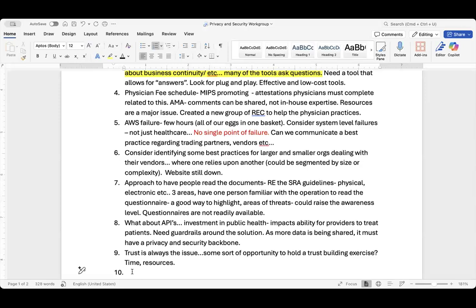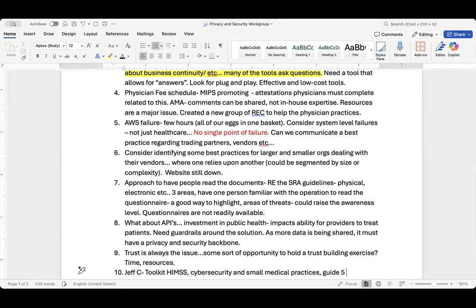So this is something that I worked on at HIMSS. It was a toolkit that we put together for considerations to think about related to cybersecurity in small medical practices. It's an easy-to-read guide focused on 5 different areas.